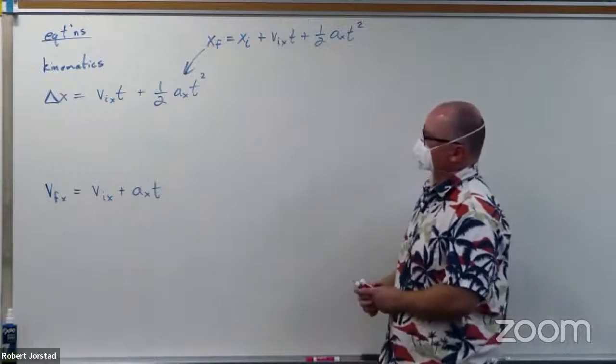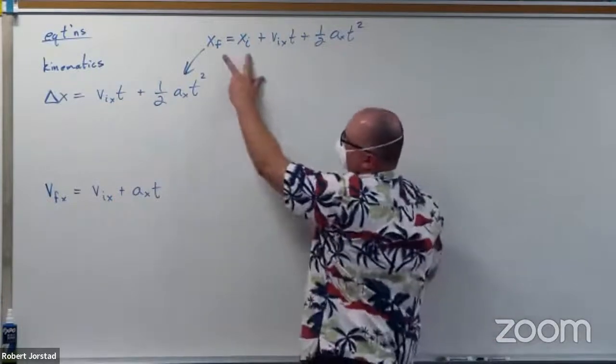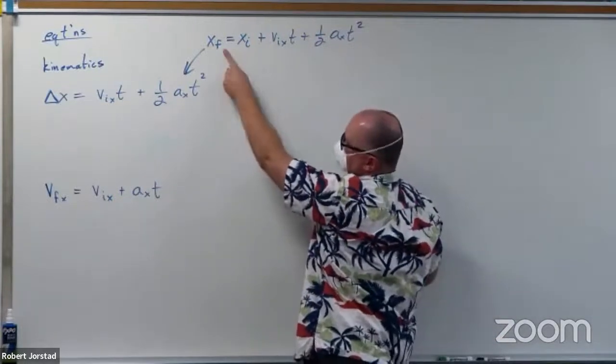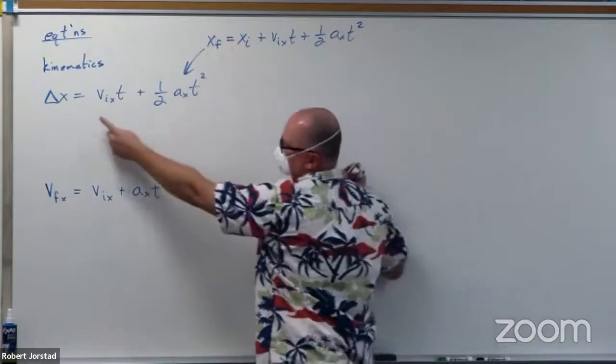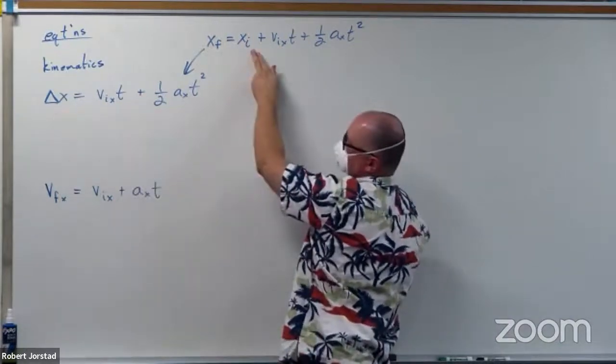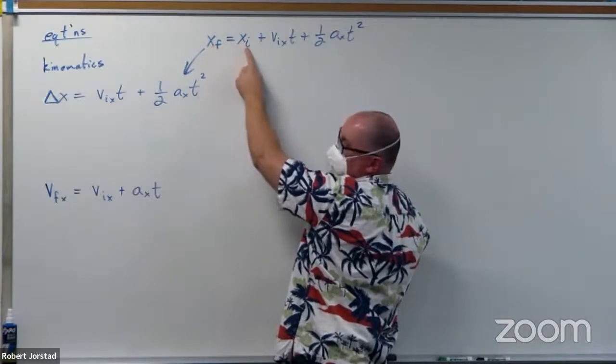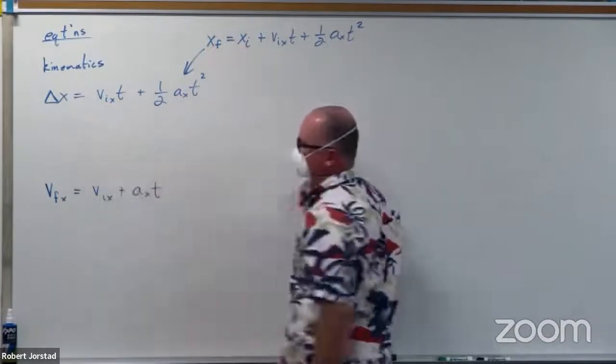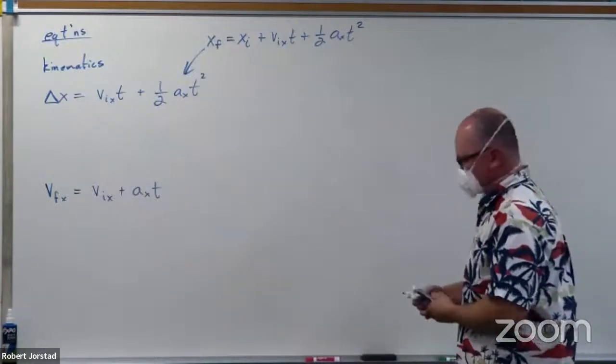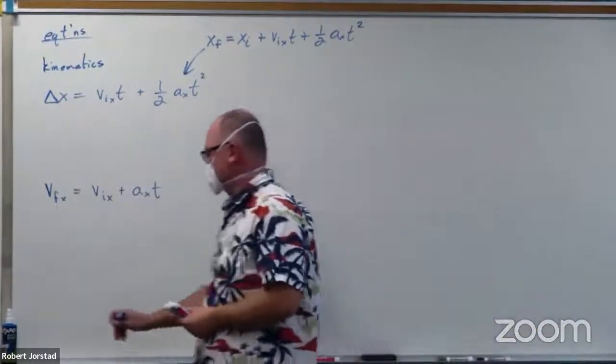I just want to show you that, look, if you bring this x initial to the other side, you have x final minus x initial, you would have this delta x equation. All right. And then this last one.